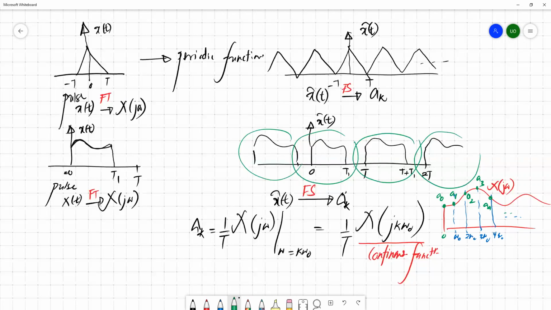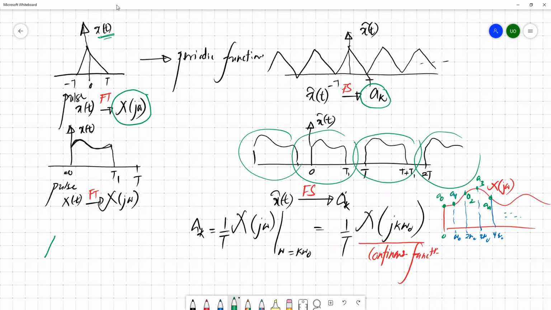So if you know the Fourier transform, we can easily get the Fourier series coefficients of a periodic function which is derived from this x(t). So keep in mind, you can obtain the Fourier series coefficients of a function if you know the Fourier transform of the basic pulse, and this a_k actually belongs to the function derived from it.